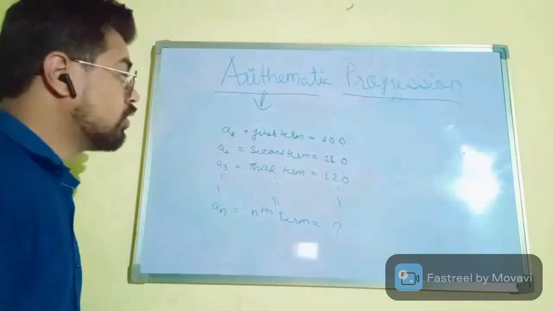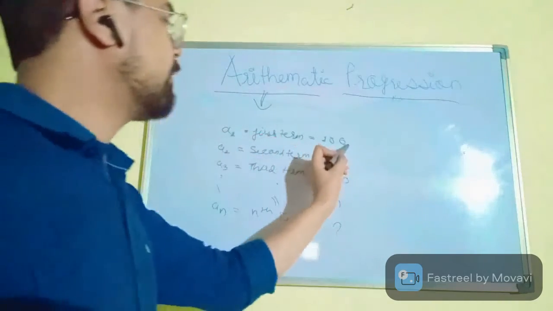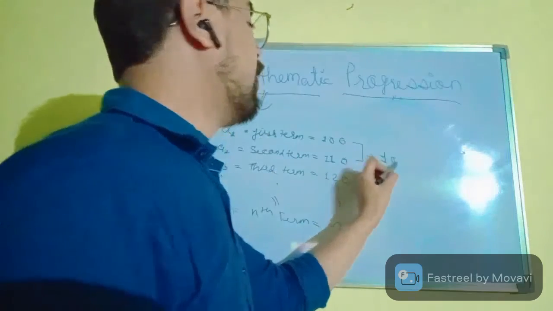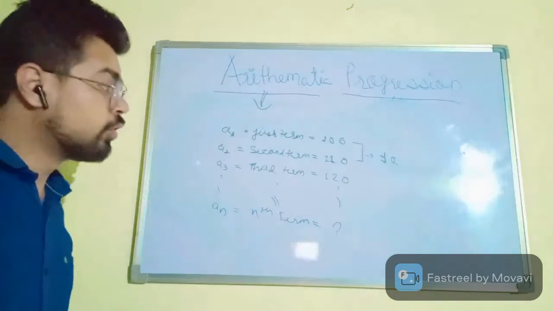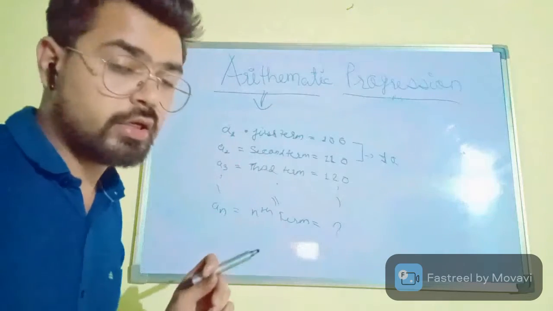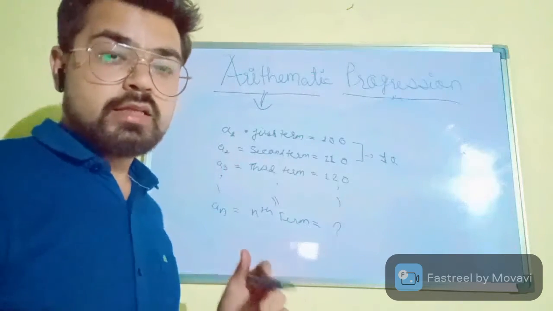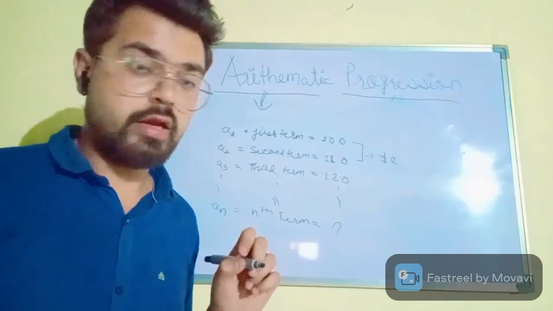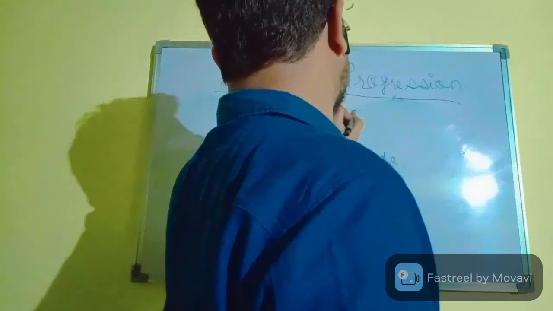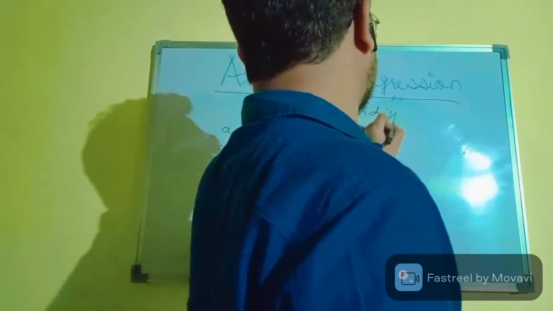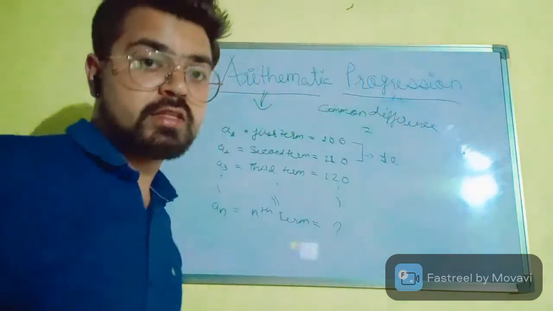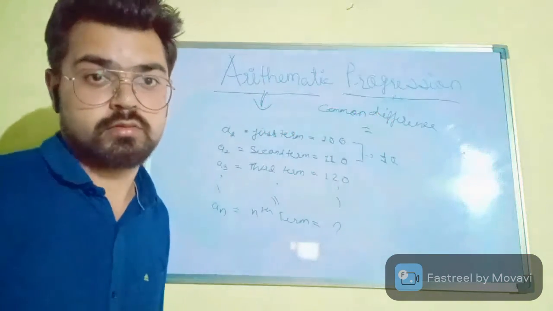If we see, the difference between these two terms is 10. So how can we denote that? To denote these differences, we use a term named common difference. Common difference is the difference between the term and the previous term.